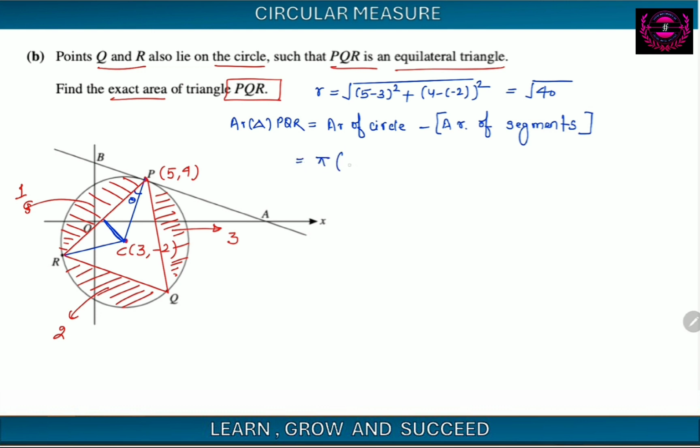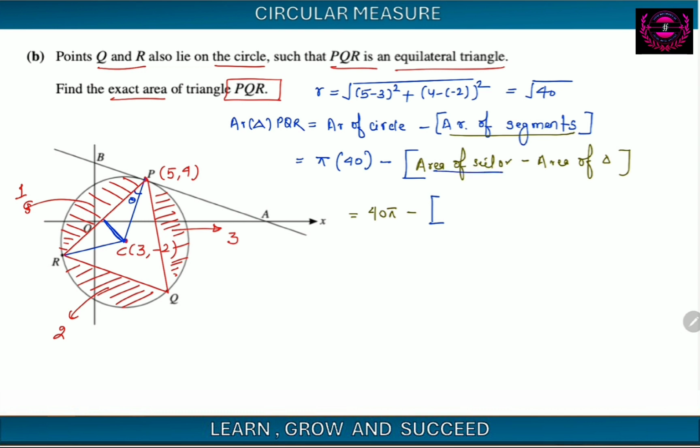The radius we have already calculated is root 40, so r square will be 40, minus the area of the segment. The area of a segment will be the area of the sector minus the area of the triangle, which is 40 pi minus the area of the sector.